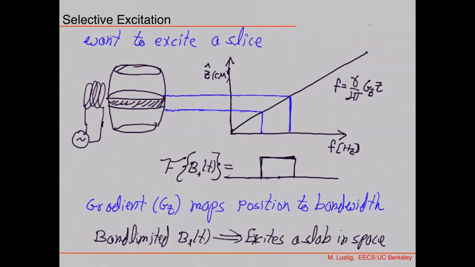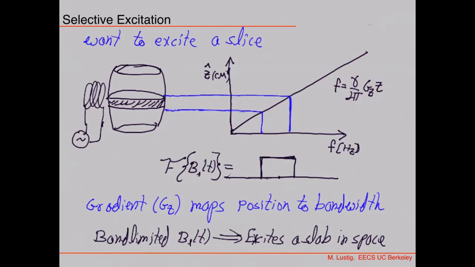So there's a mapping between position and the resonance frequency, right? If I apply a gradient, gamma over 2 pi times Gz times z, that is the frequency. That is the mapping between the gradient that I'm applying and frequency.